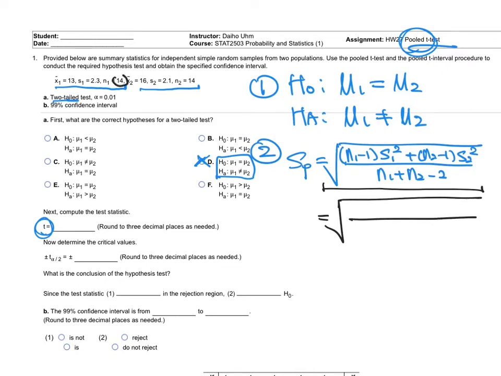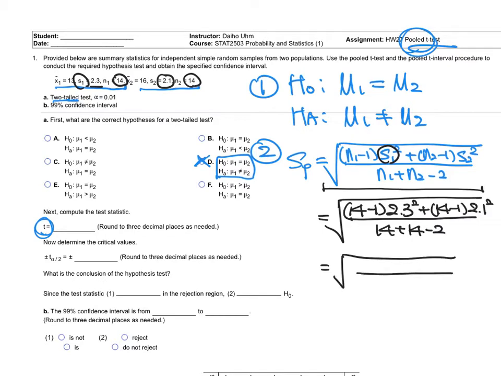It's n1 is 14, minus 1, and s1 is 2.3 squared, and n2, 14 again, and times s2, 2.1 squared, and 14 minus 2.